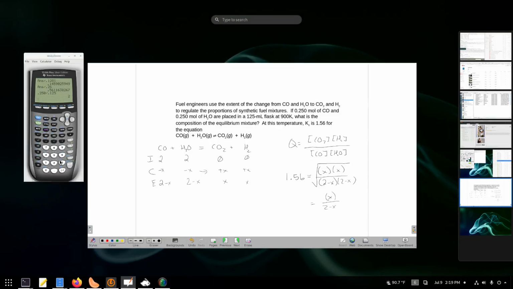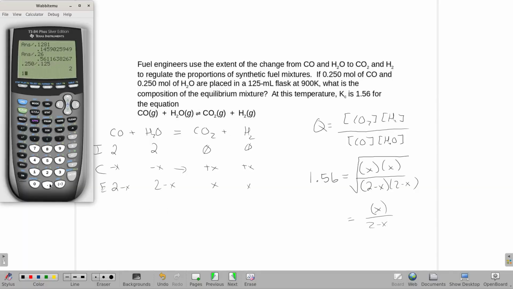But I will have to take the square root of 1.56, since I'd have to do that on both sides. So I'm doing that on this calculator. The square root of 1.56 is 1.249.